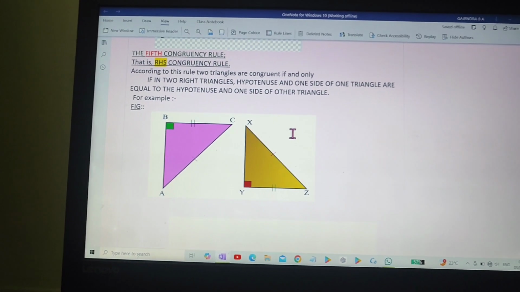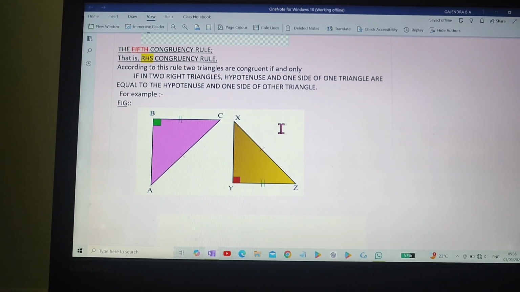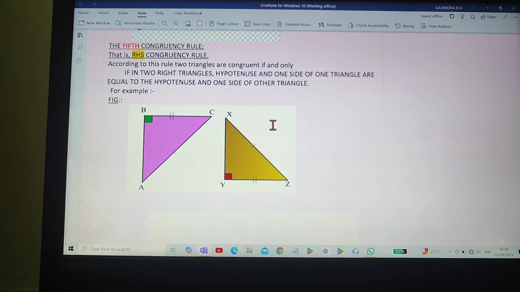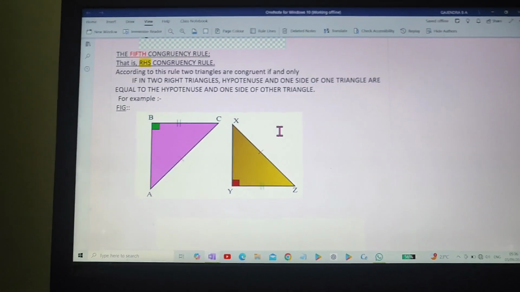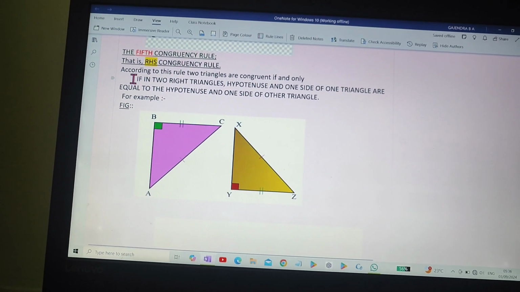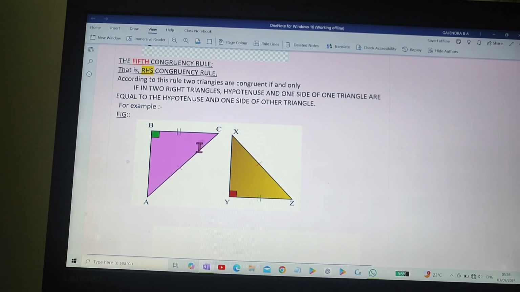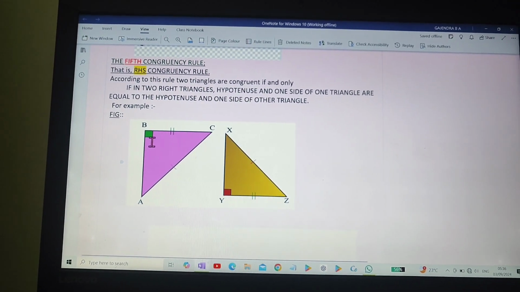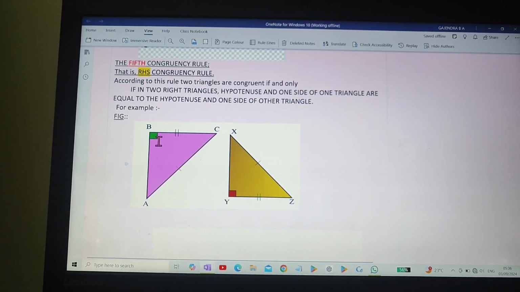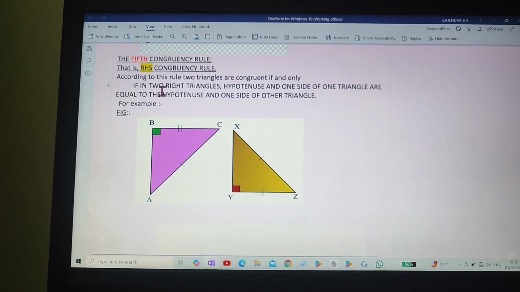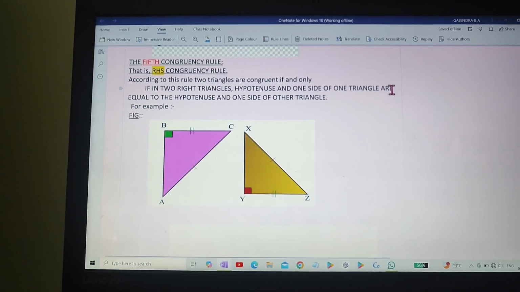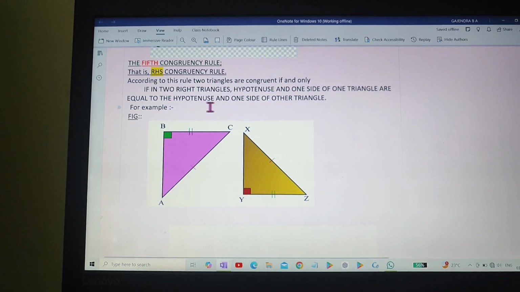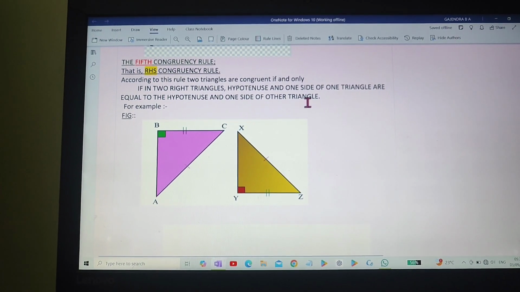Let us discuss the fifth and last congruency rule, the RHS congruency rule according to the 9th syllabus. If in two right triangles, a right triangle means any one of the angles measures 90 degrees in a triangle, the hypotenuse and one side of one triangle are equal to the hypotenuse and one side of the other triangle.